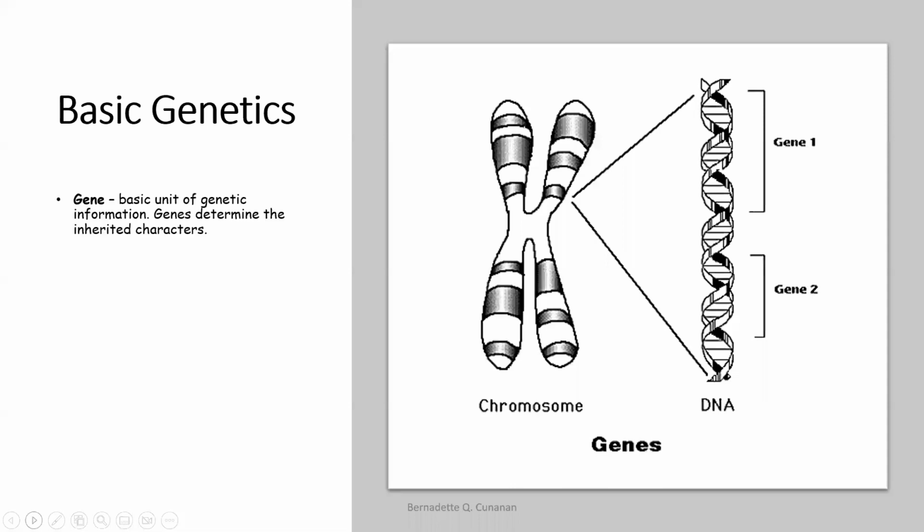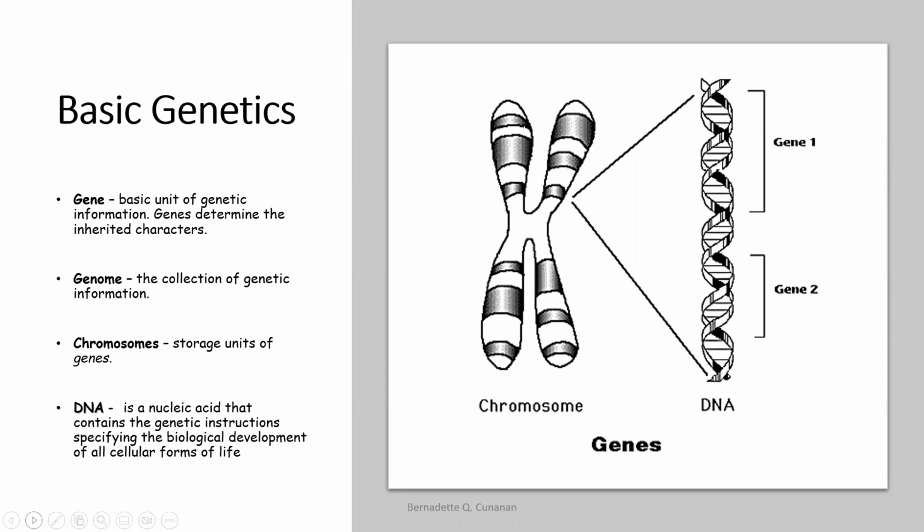And before I continue, allow me to discuss some important terms here, basic genetics. When we say gene, it is the basic unit of genetic information. So genes determine the inherited characters. Genome, on the other hand, is the collection of genetic information. Chromosomes, so these are the storage units of genes.